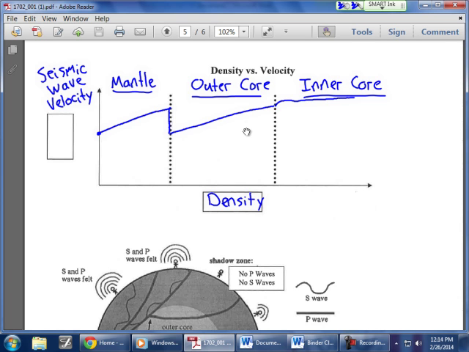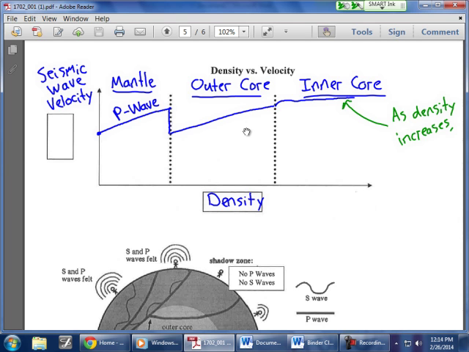That is the P wave. And just so this is clear to you, as density increases, velocity increases.